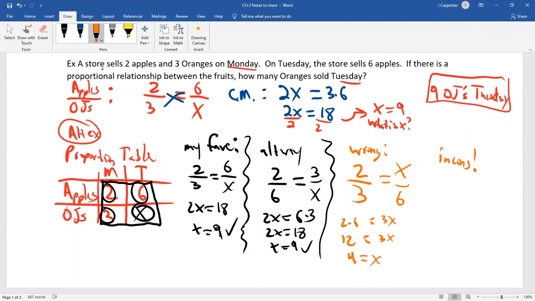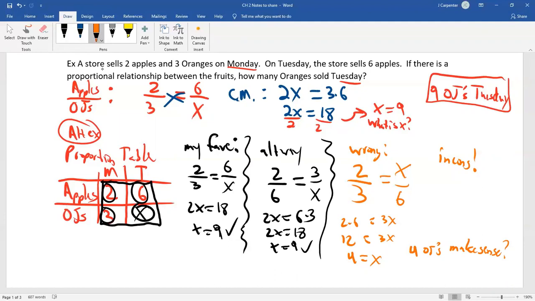Remember, when you get these answers, you're supposed to be saying, does it make sense? What is this? This was oranges, so 4 oranges. Does it make sense? Well, the apples went from 2 to 6. They went up, I would say, significantly, whereas the oranges went from 3 to 4. There were more oranges to begin with, and the increase was smaller than the apples, of which there were less.